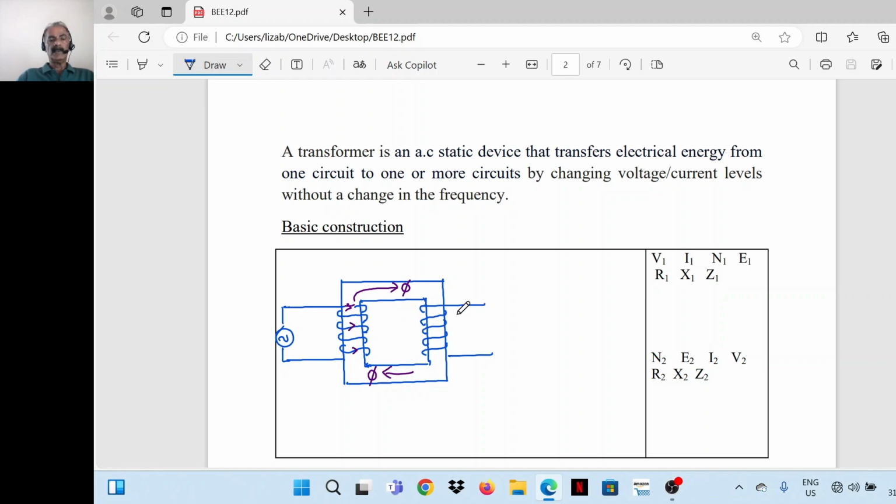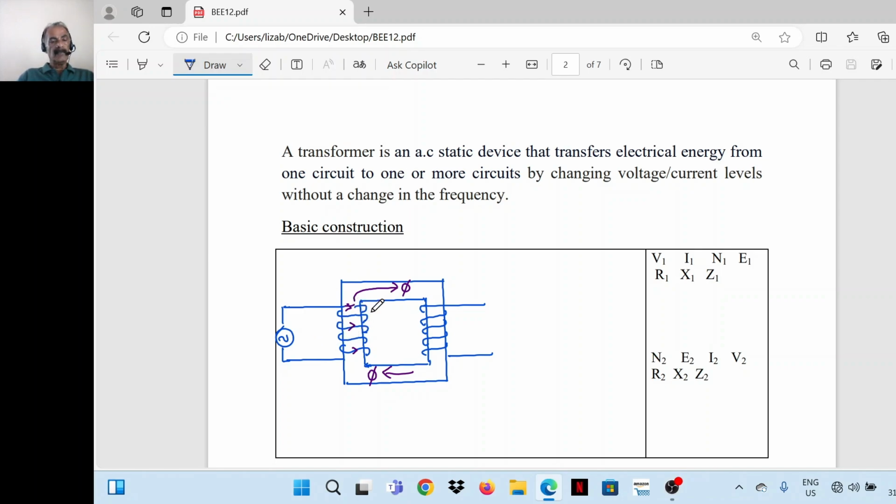So a transformer is used to supply electrical energy at a different voltage level. Say if 1000 volts AC is available and we want it for our domestic purposes at 230 volts.